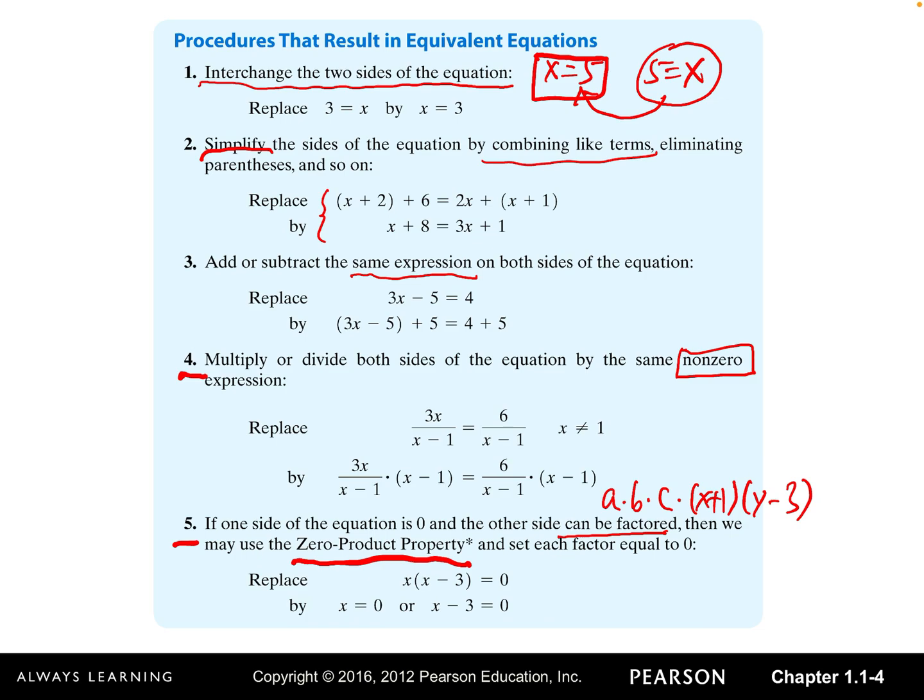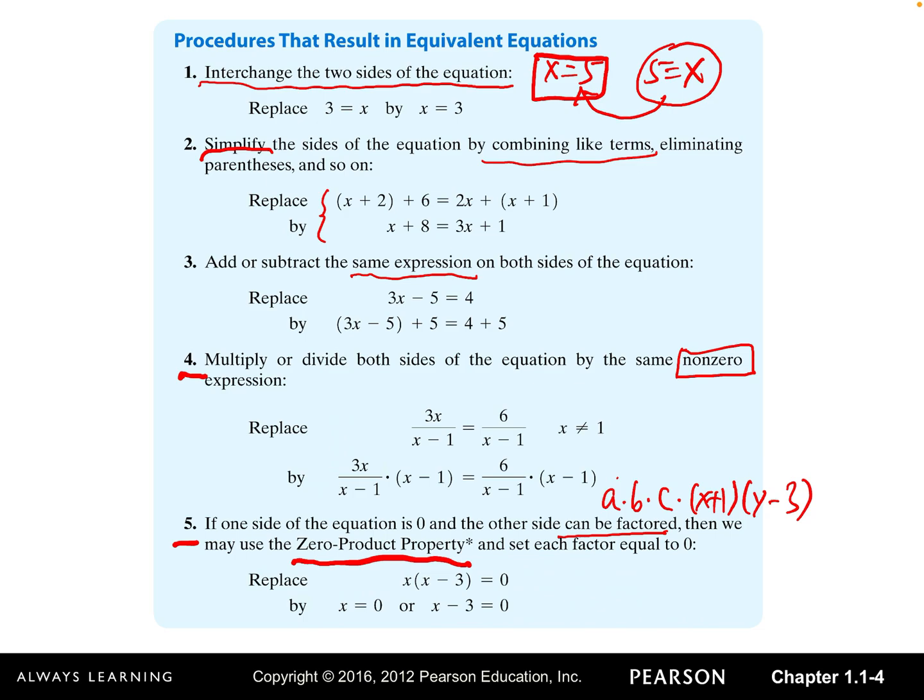All in multiplied form, that's called factored form. So if one side of the equation is 0 and the other side can be factored, then we may use the zero product property, which means you can set each factor equal to 0. Those are the 5 procedures resulting in equivalence.